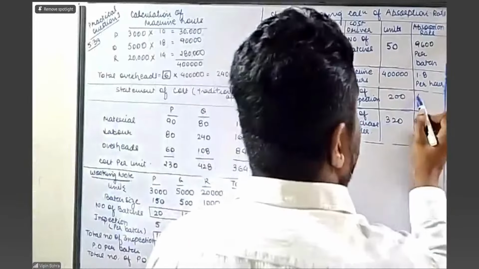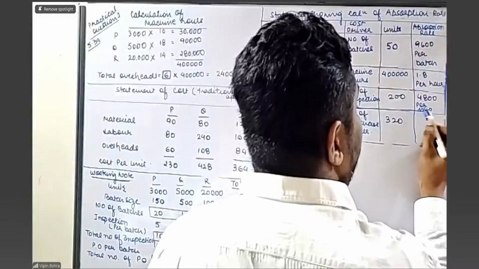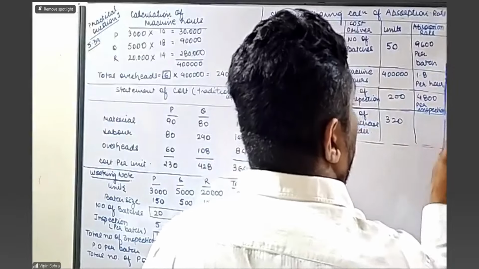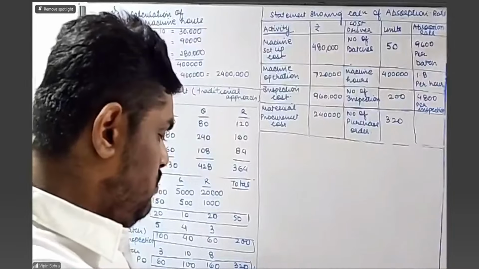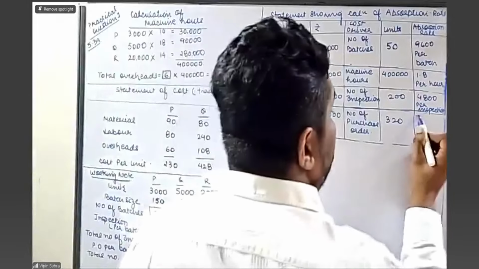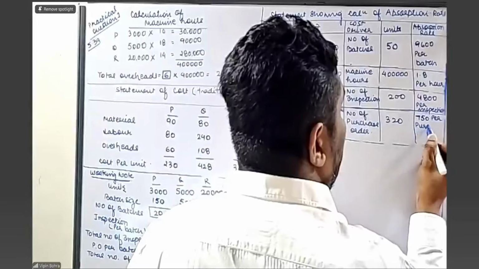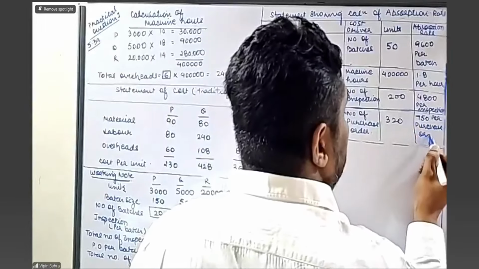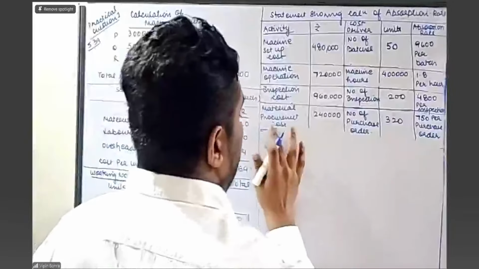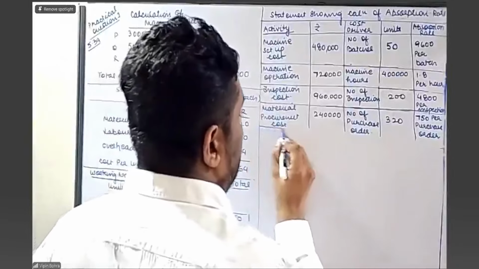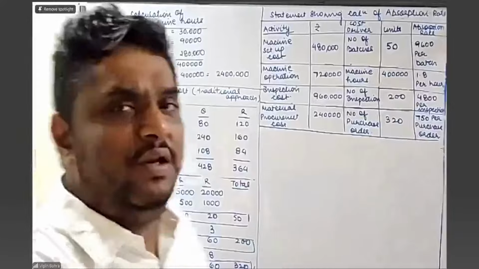This will be 4,800 per inspection. And 750 per purchase order. So we are done with the calculation of absorption rate.